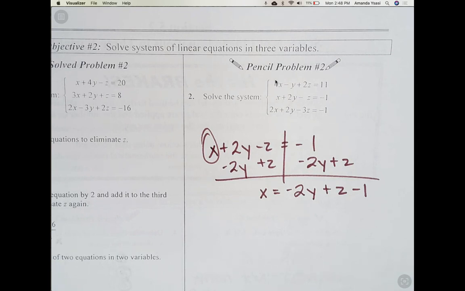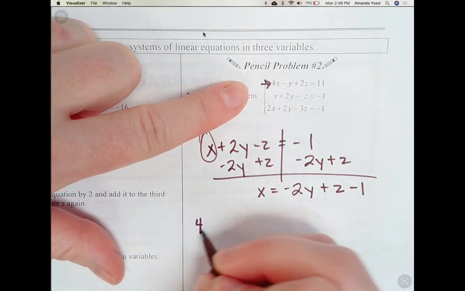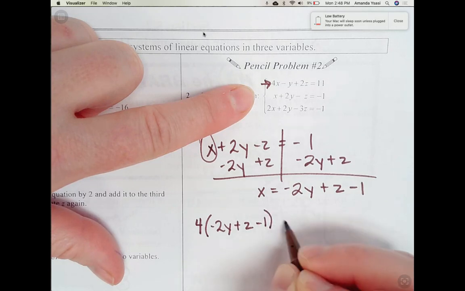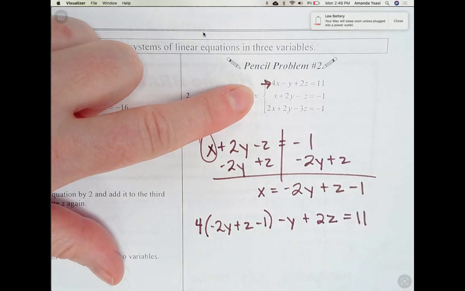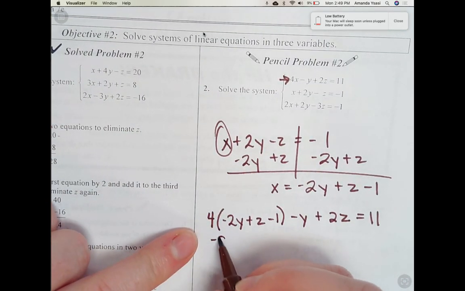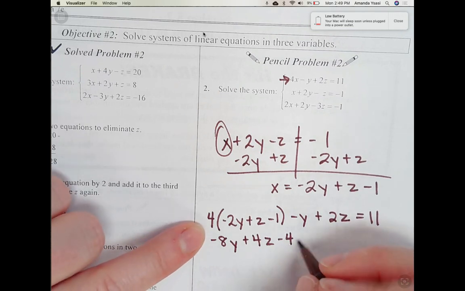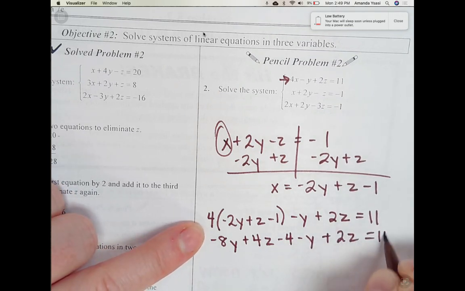Now what do we need to do? Put this into the first right here. Okay. So 4 times the -2y plus z minus 1 minus y plus 2z equals 11. -8y plus 4z minus 4 minus y plus 2z equals 11.